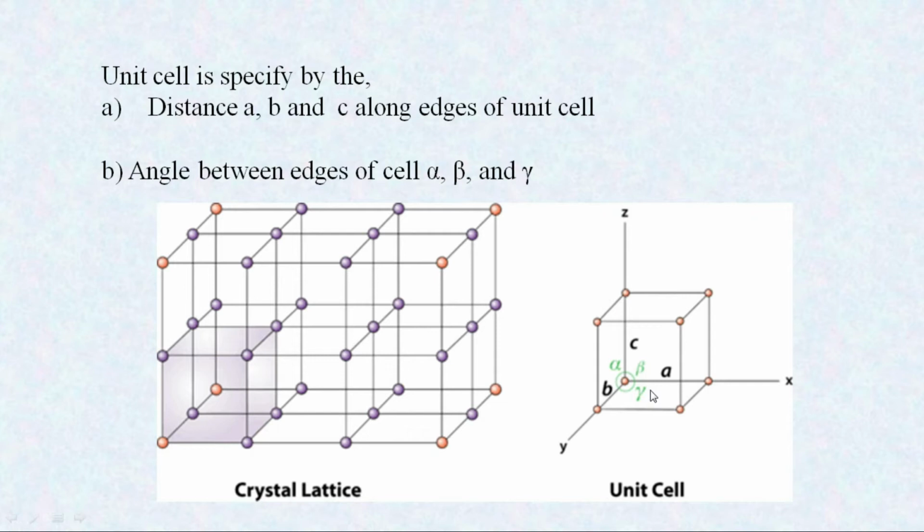So the shape or the structure of the unit cell depends entirely on these 6 parameters: 3 edge lengths and 3 edge angles. Edge lengths are represented as A, B, C, and edge angles are represented as alpha, beta and gamma. So by changing the relationship between edge length and edge angle, we can get a number of types of unit cells.